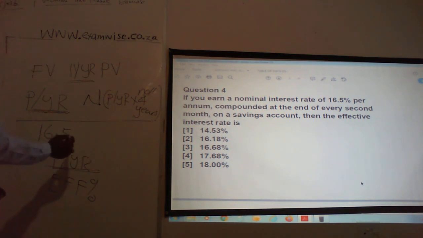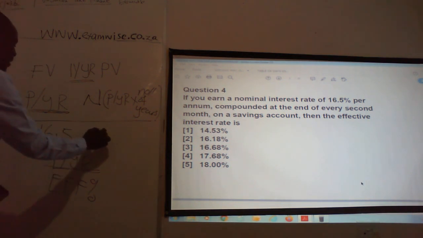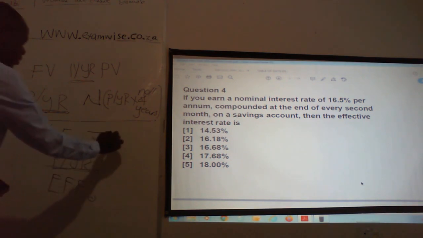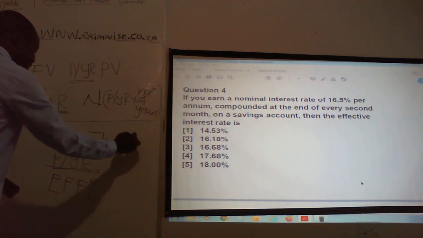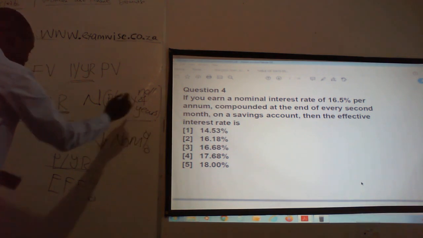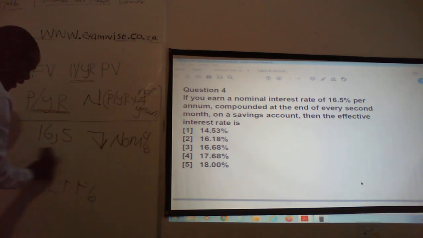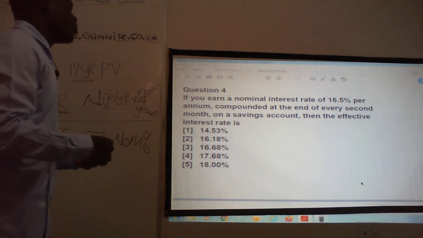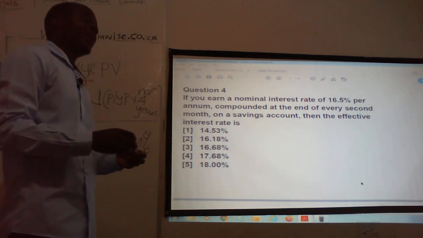So since our nominal interest button is in orange, we say 16.5, then we press down arrow, then after that we press nominal. Then after that we are also given the number of times interest is compounded per annum, which is our P over YR.